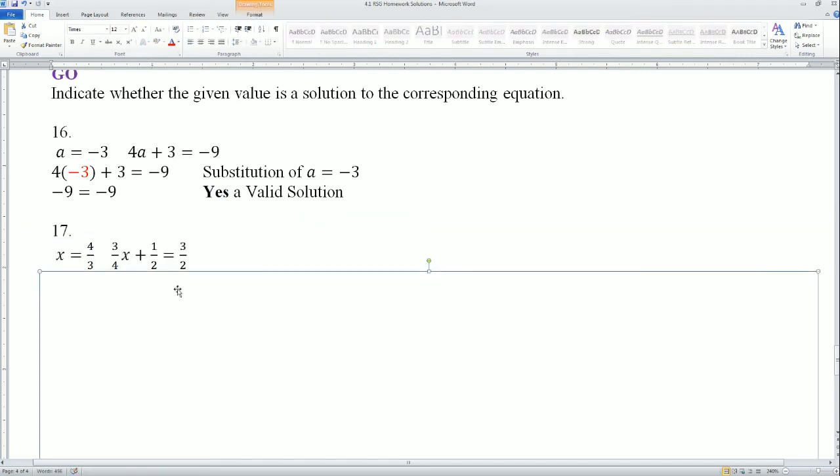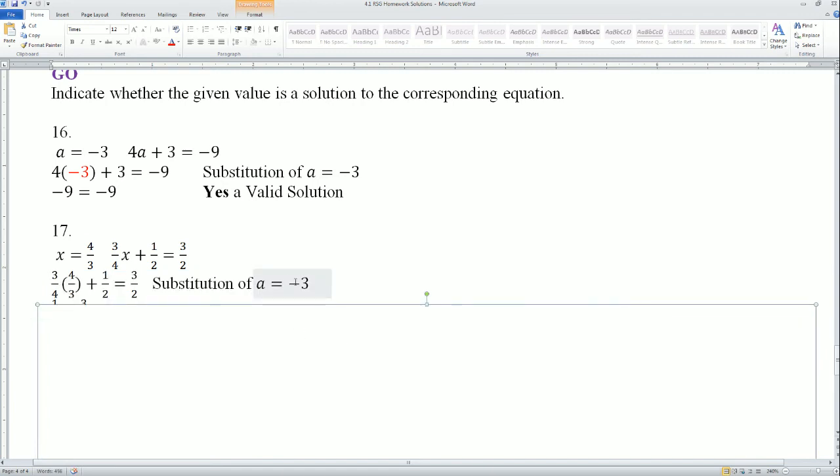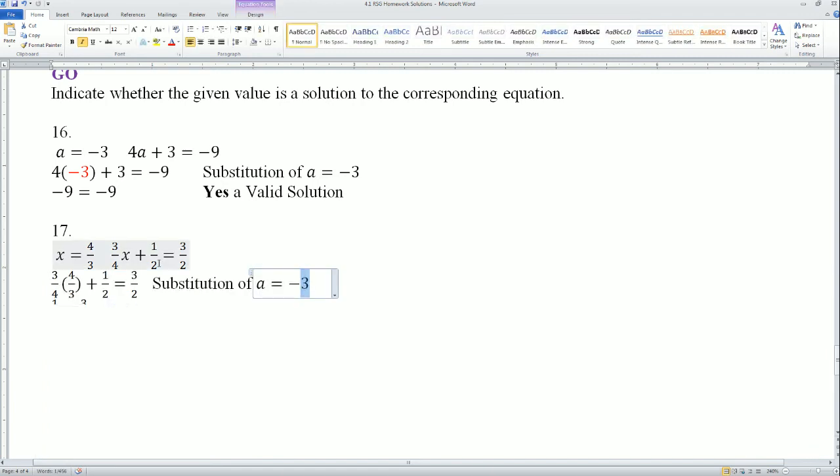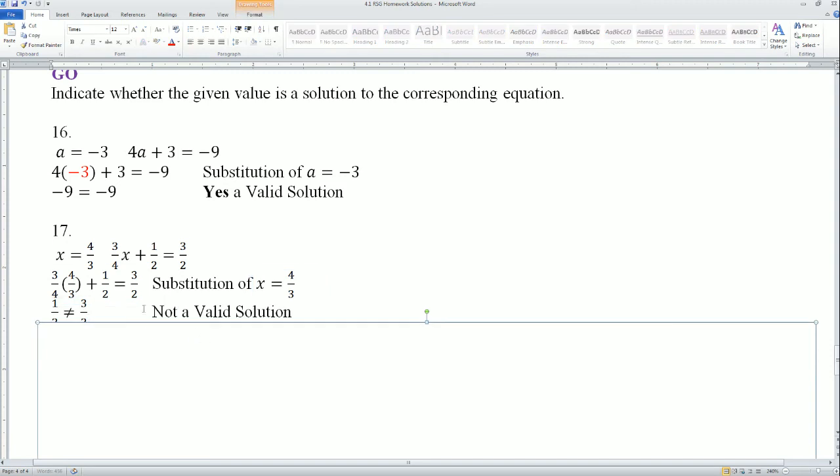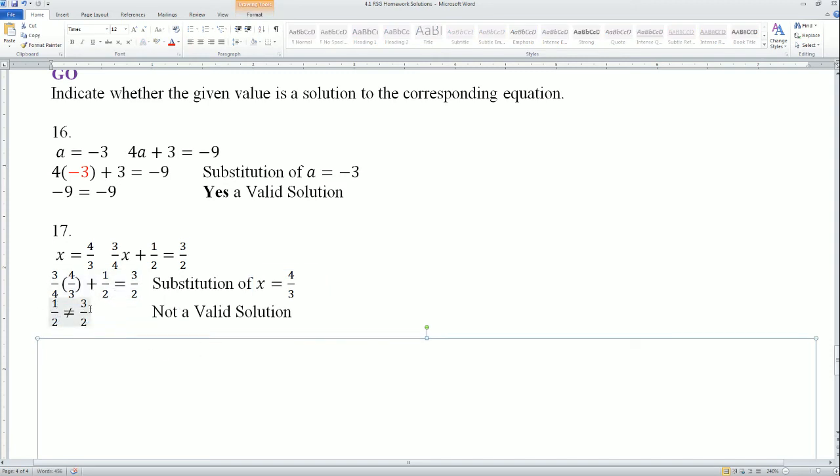17. We have x equals 4/3. I substitute x in, not a. I substitute x in for 4/3. Simplify. 1/3. 1/2. That's not equal to 3 over 2. Okay.